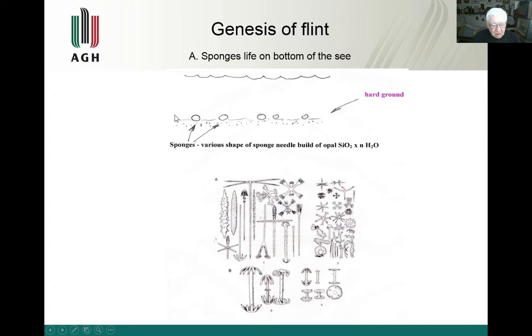After that they are covered with sediment, and the next generation of spongia appears on the bottom, and the situation is repeated many times. As you see, there is a drawing of various types of needles present in the body of spongia.